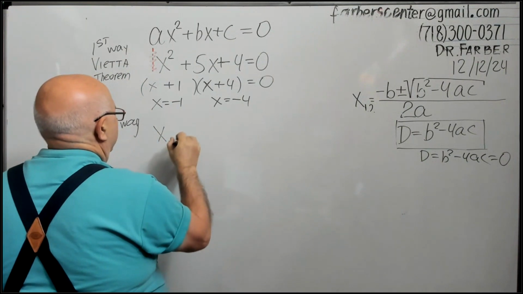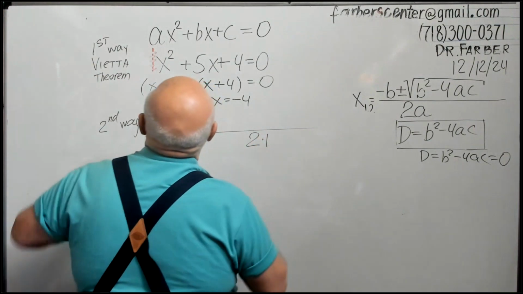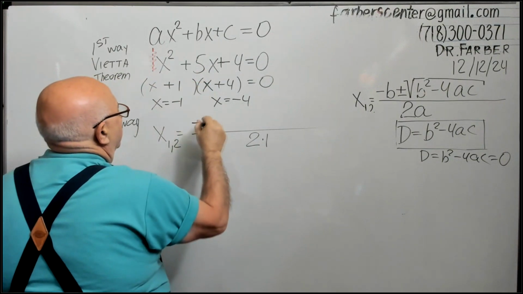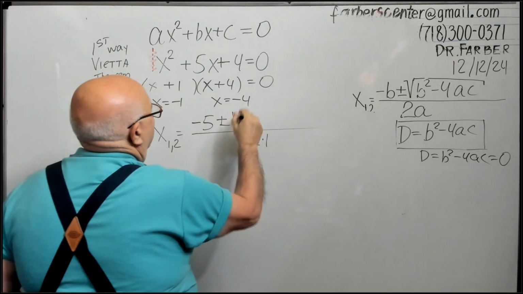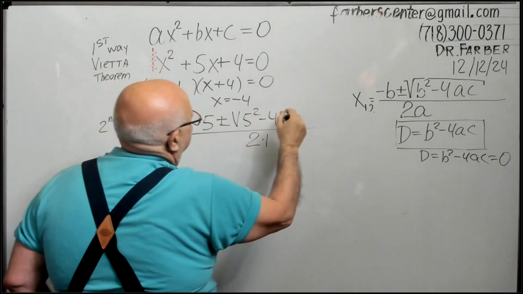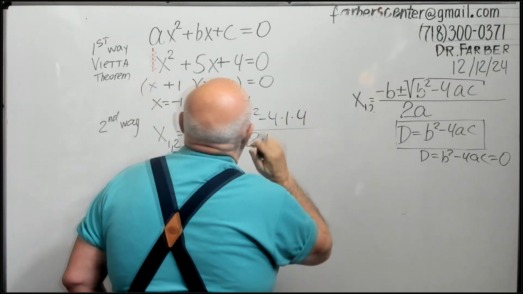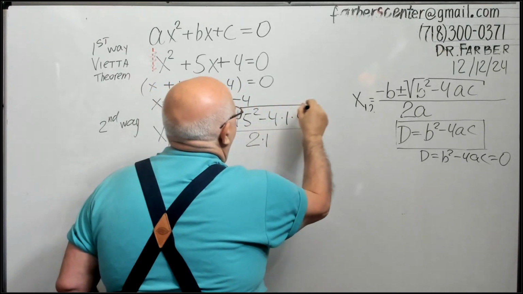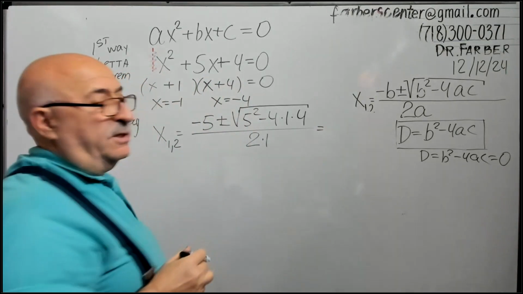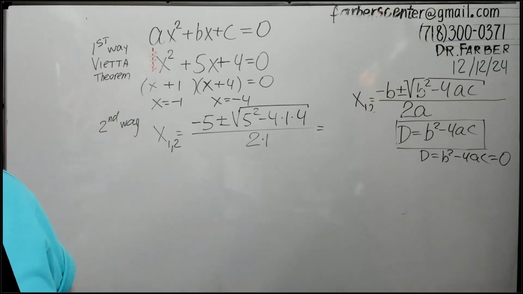After that, just mechanical stuff. x1,2 equals, over 2 times 1, now -5 plus minus square root of 5 to the second minus 4 times 1 times 4. Who understands up to this point? 100%, good.